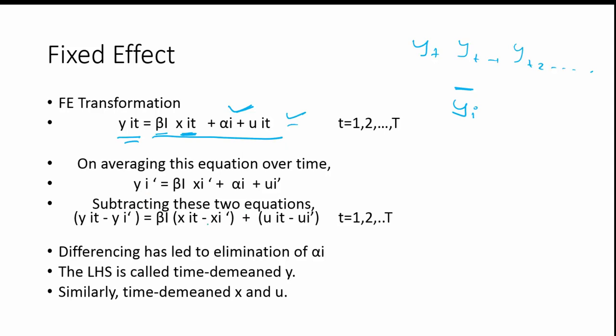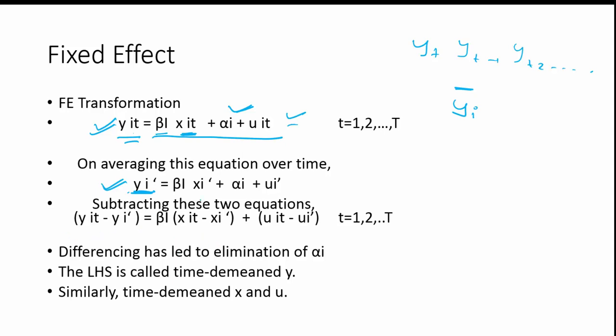Now we subtract these two equations. The first equation and the second one, which is the average of the first equation. Remember the difference: here we have only cross section because it's averaged over time, so I've got rid of the time component, and here it has pure panel data. When you take the difference, you will get the equation which is used for fixed effect estimation.